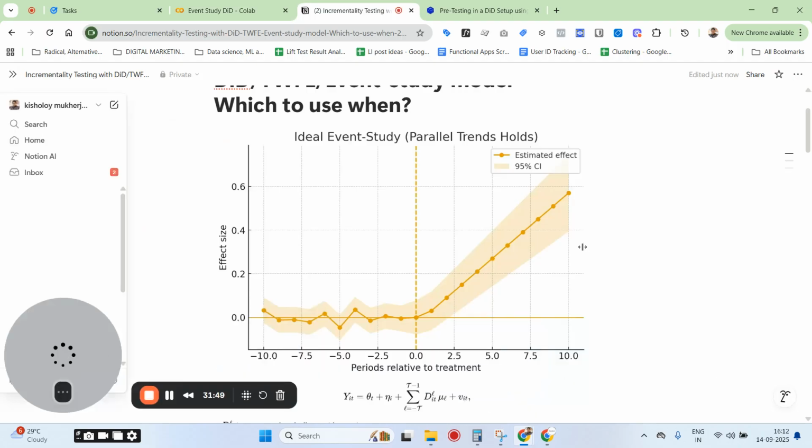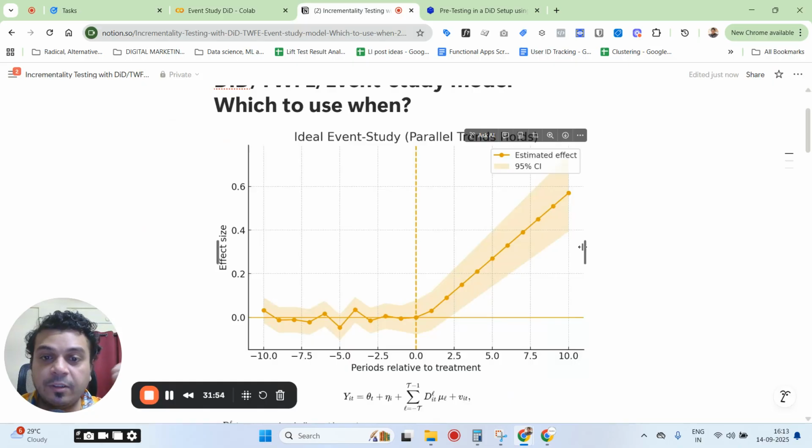Suppose these markets get the campaign with different starting dates. That is your staggered version. On top of that, the effect size might differ, like when you spend different amounts in different markets. That is ideally captured by a full-fledged event study model, using the dynamic effects concept.